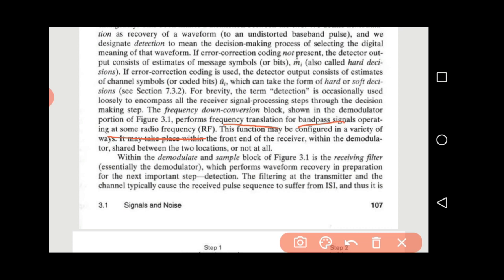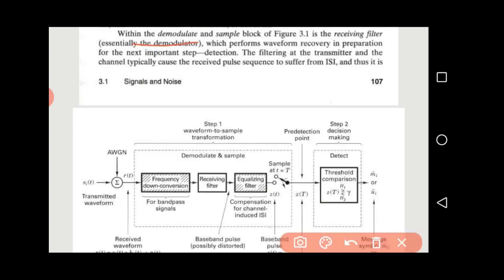This function may be configured in a variety of ways. It may take place within the front end of the receiver, within the demodulator, shared between two locations, or not at all.